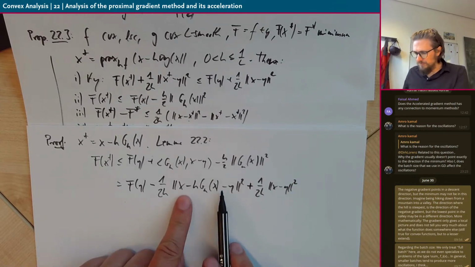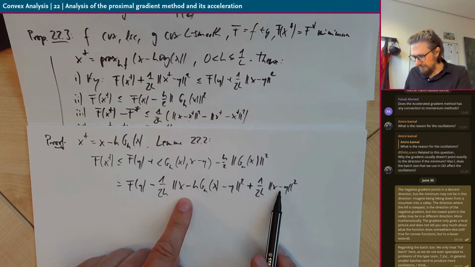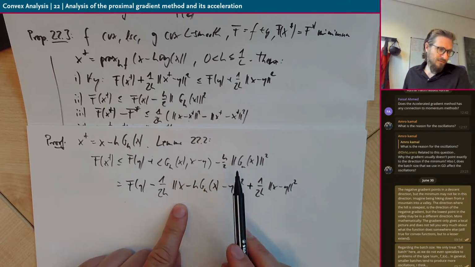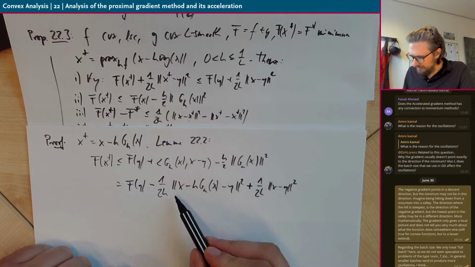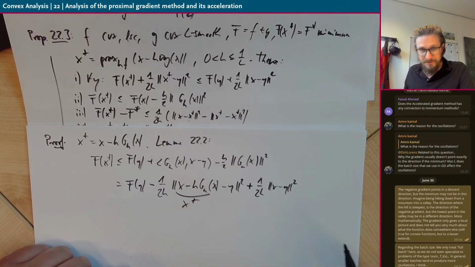So if you split this up along this and expand the square, you see that this guy cleans up, and so you arrive back there. And you see that this here is again x plus, and that's it. That's x plus, and this shows the first inequality.